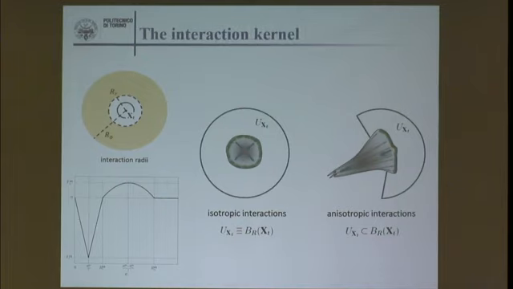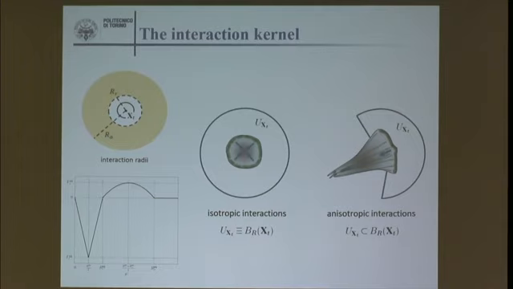Coming to this interaction kernel, there is a sensing radius, as I told you, that is, the cell explores a certain environment with a certain radius. If you want, it's the maximum extension of the filopodia. And there is also another radius, the repulsion radius, so that the cells don't overlap.